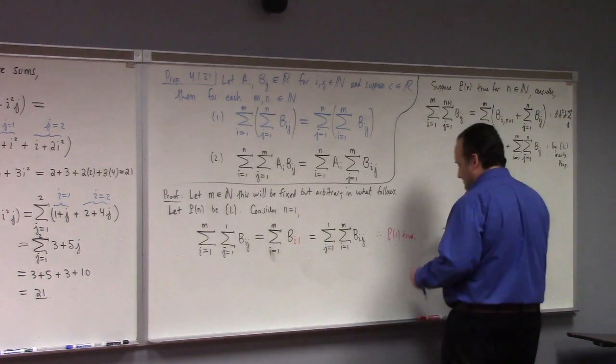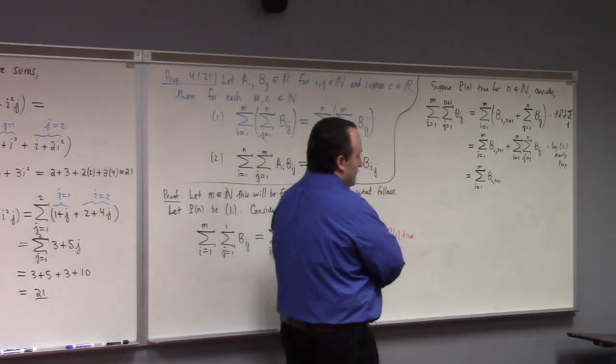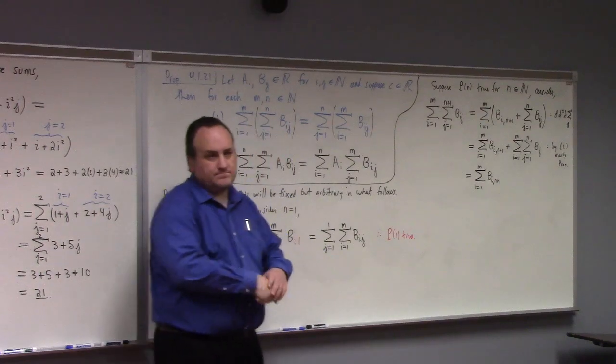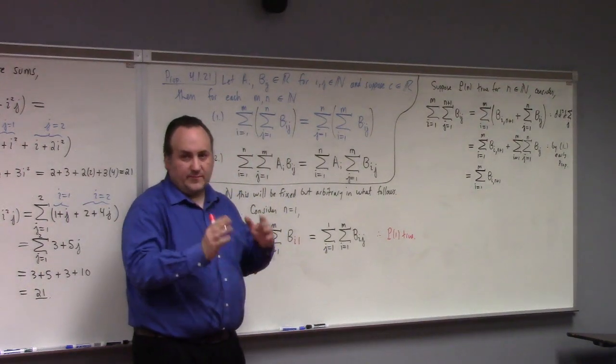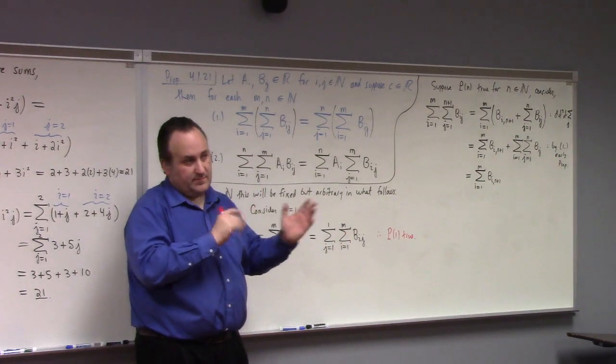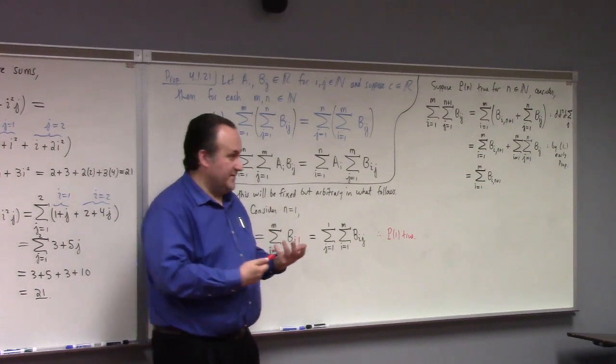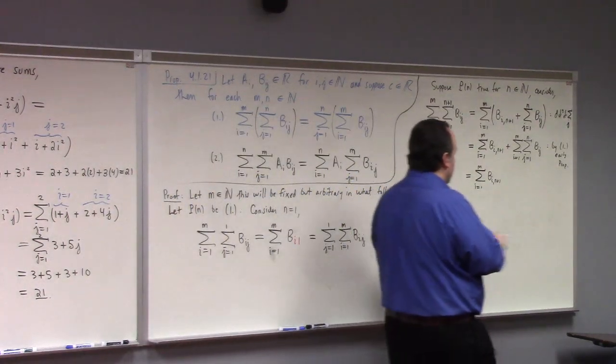So what can we do now? We've got the sum i equals 1 to n of b_ij. So now I can apply the induction hypothesis to flip the summations here.